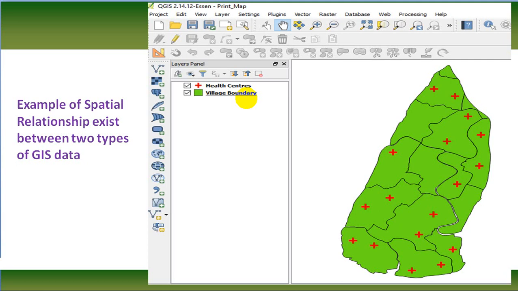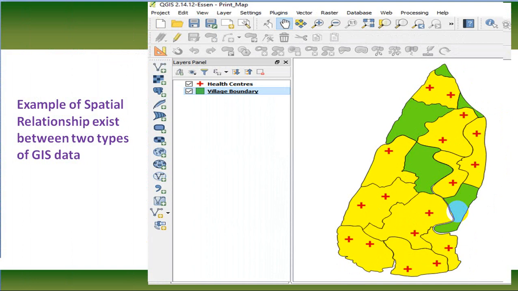So if you ask, find all the villages that have health centers. This is a very small area, you can easily understand this village does not have, this village does not have any health centers. But based on their spatial relationship, whether a village contains health centers or not, you can find out.